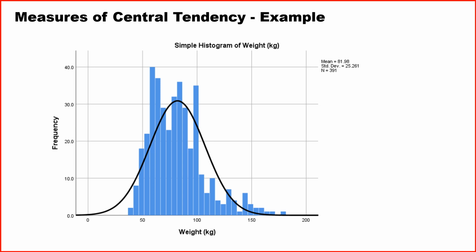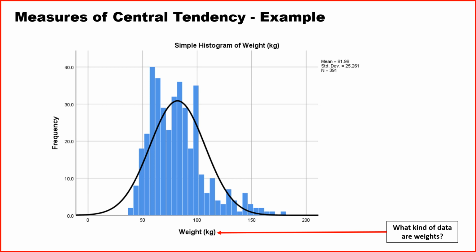As an example of selection of measures of central tendency, this is data from the research project on cephalexin versus Bactrim and ciprofloxacin. And so this is a simple histogram of patient weights for patients that were included in the study. And so the first question we need to ask ourselves is what kind of data are weights?